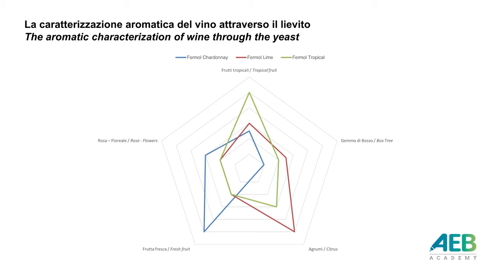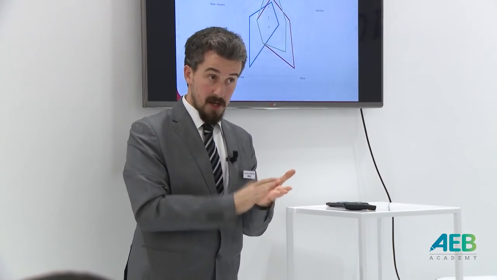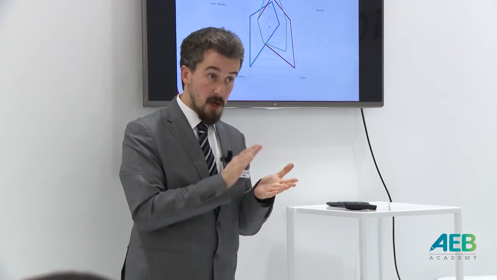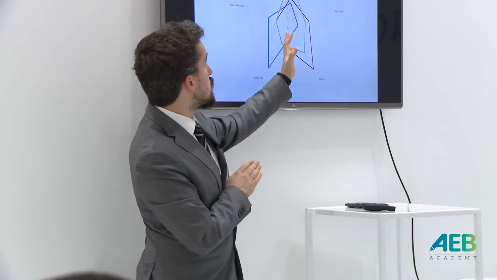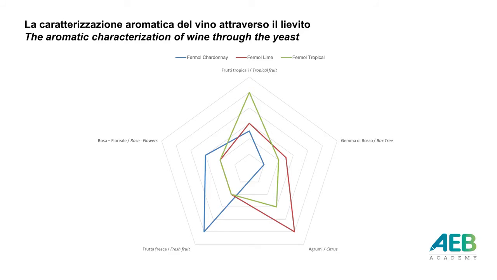Okay, so if you see here, Fermol Chardonnay is more based, as I was telling you, on the production of esters, and so esters give you some particular, peculiar descriptors, which are more towards the flowers and towards the fresh fruit, because it's a more classic strain. It's quite classic for Chardonnay, for aromatic white wines.